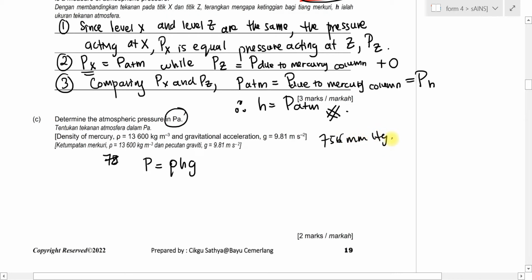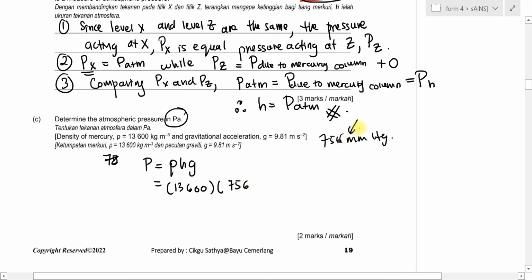It is given that the density of the mercury is 13,600 and g is 9.81. Density 13,600. Height of the mercury column: make sure everything is in SI units. So 756, you don't need to divide by 100 or 1000.